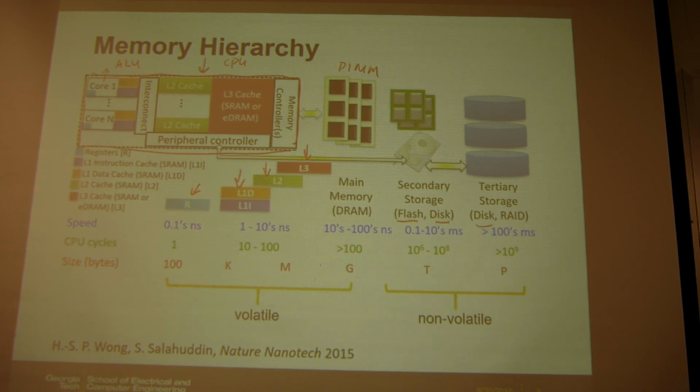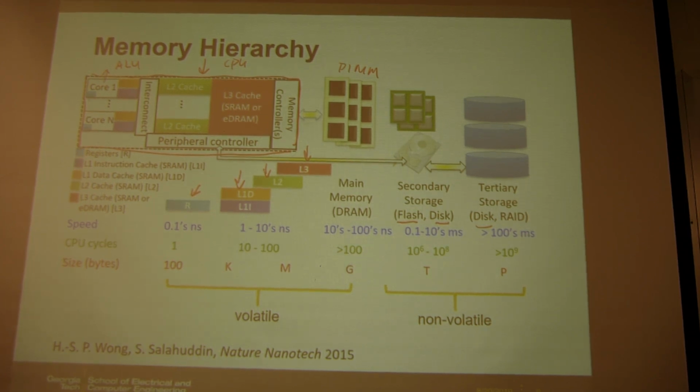Balance speed and cost. Yeah, exactly. Ideally, you want memory to be fast and also low cost. Low cost, in other words, means you have large capacity. Those two metrics conflict with each other, as you see here.